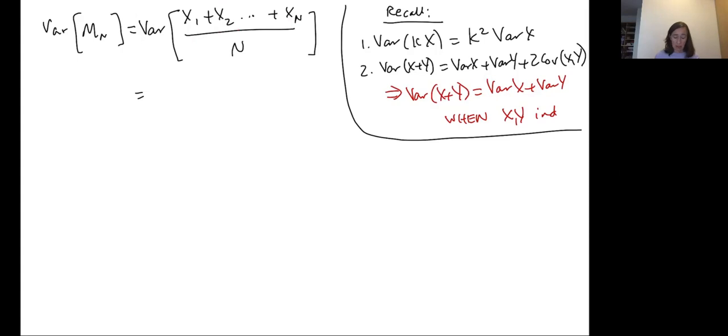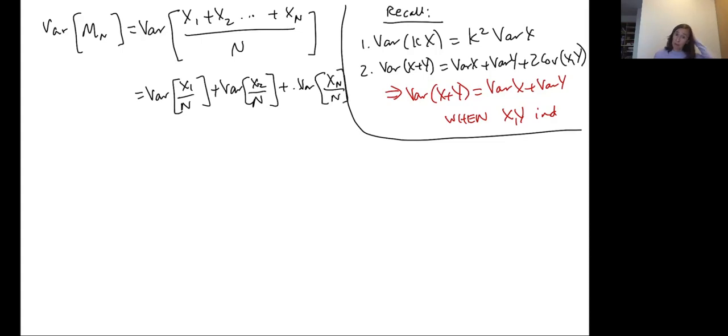So using that, we have this equals the variance of x1 over n plus the variance of x2 over n. Do this to all the x's in our sample till we get to the very last one, x sub n, that's our last observation.